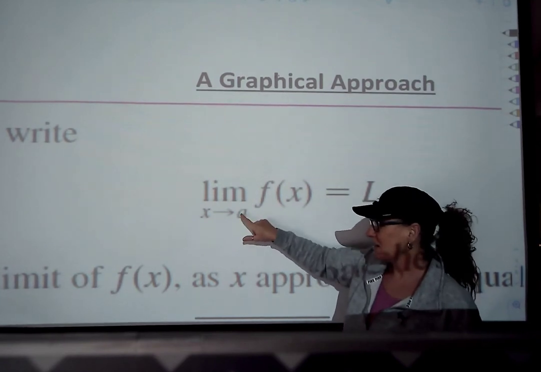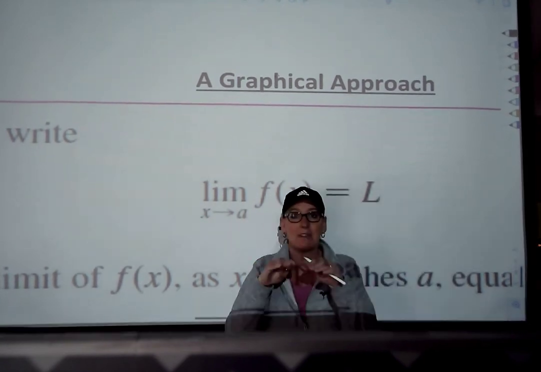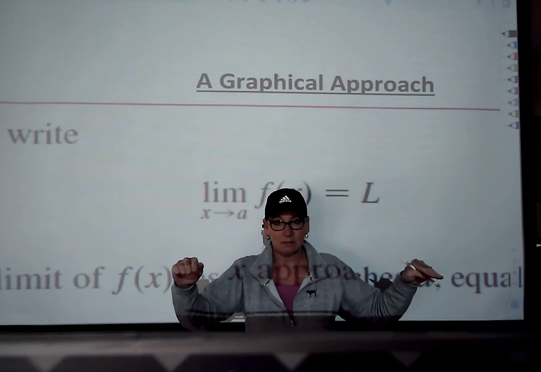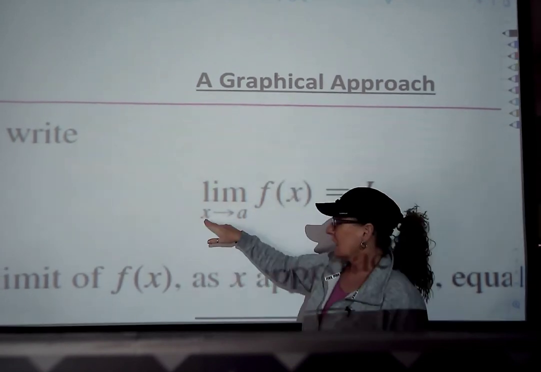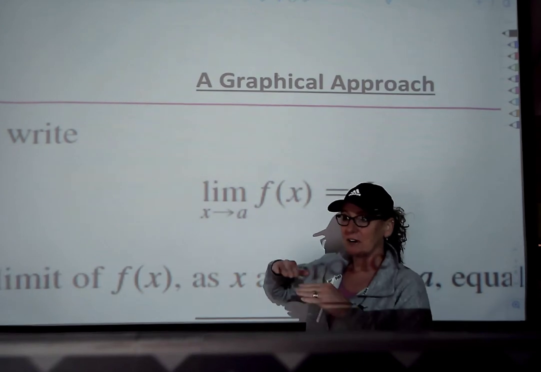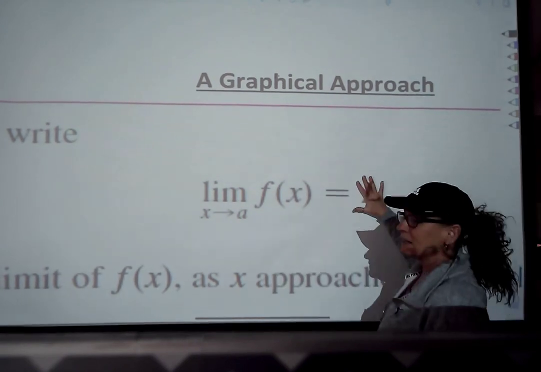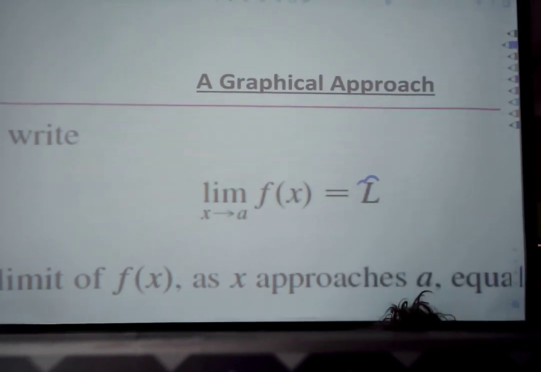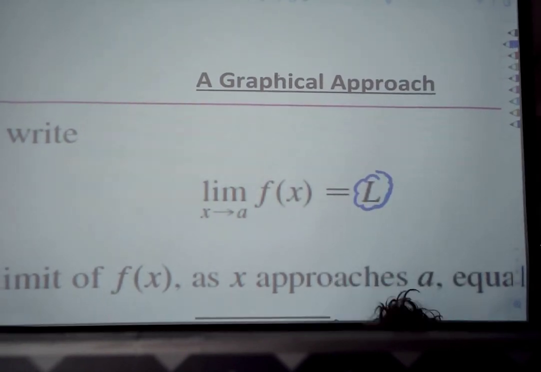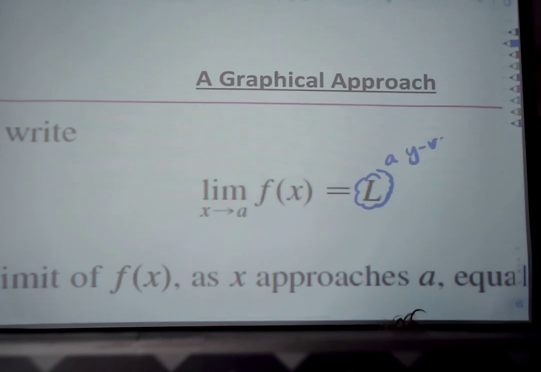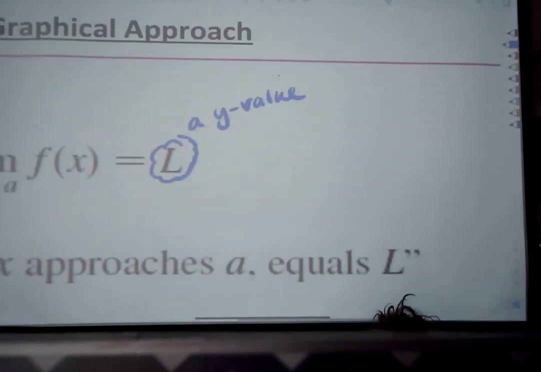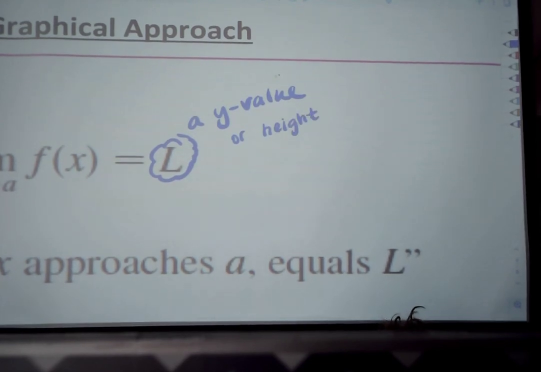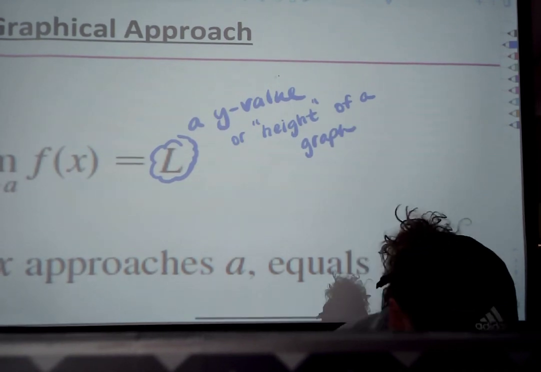So this number is going to be an x value. Think about that. You find x values along your x-axis. As x approaches some x value along the x-axis, our answer is going to be some y value.